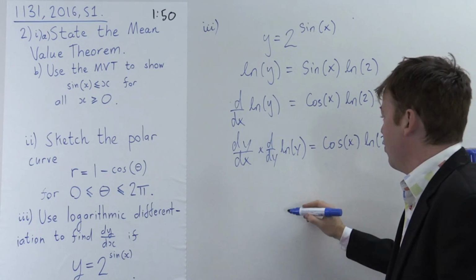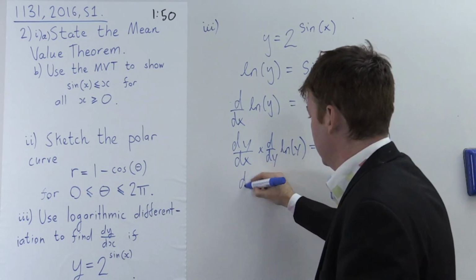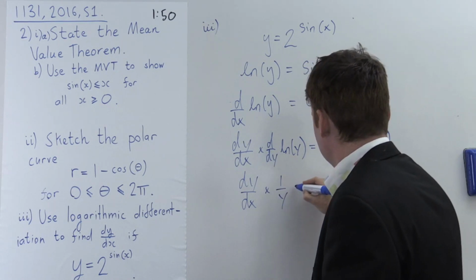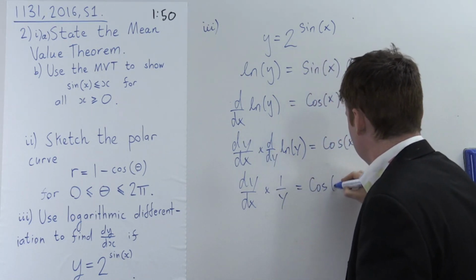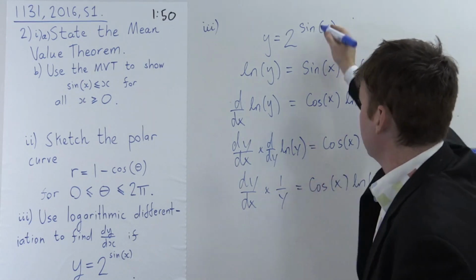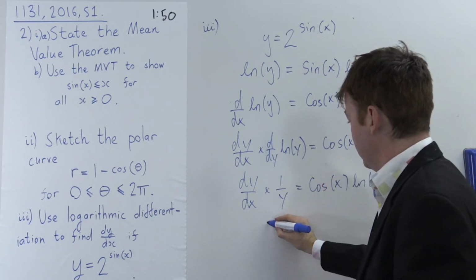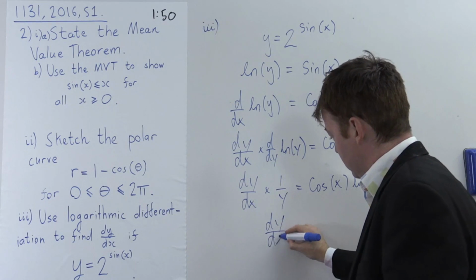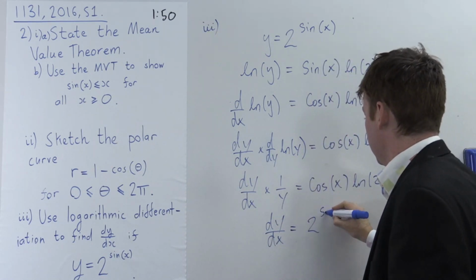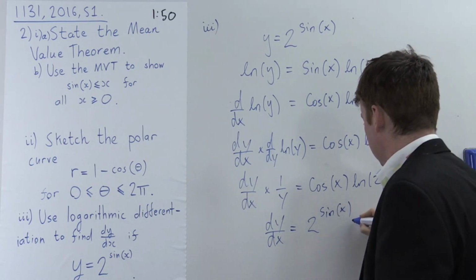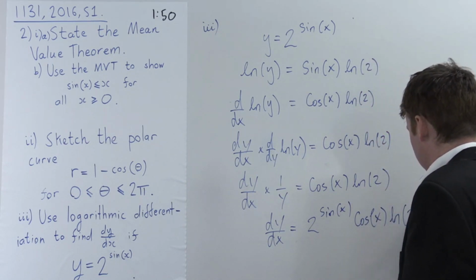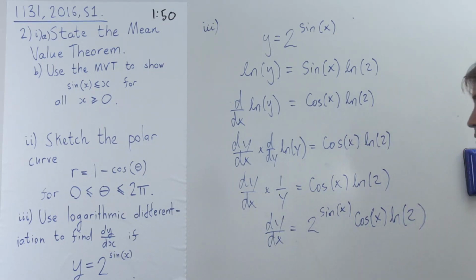This is 1 on y, so dy/dx times 1 on y equals cos x. And then I can take the y up there and relabel it as 2 to the sine x. So remember, y is just 2 to the sine x, so I'll write it as 2 to the sine x times cos x ln 2.